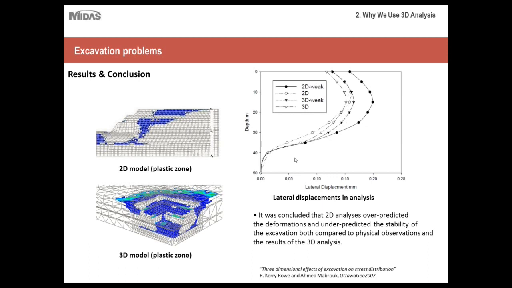As you can see, in the 2D analysis, displacement was calculated to be much more than it was calculated to be in the 3D analysis. Once again, that's due to the fact that the 2D model couldn't take into account the cornering effect. Because of that, it calculated the displacement to be much more than it actually would be. So once again, with the 3D analysis, although it would take longer to create this model and a little bit longer to run the analysis, ultimately you would get results that are more accurate and more optimized.